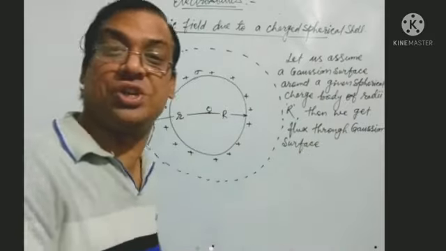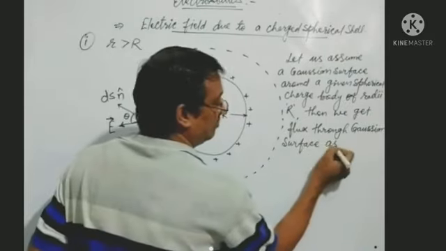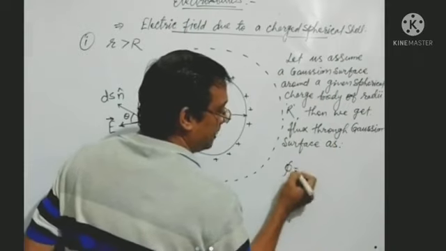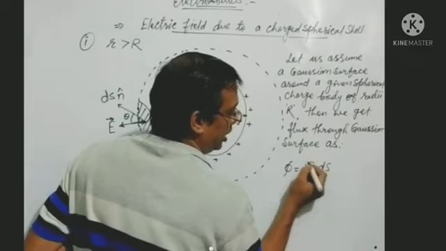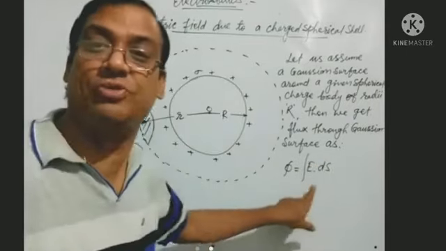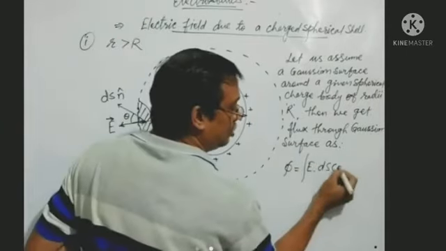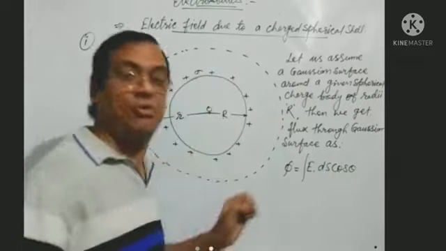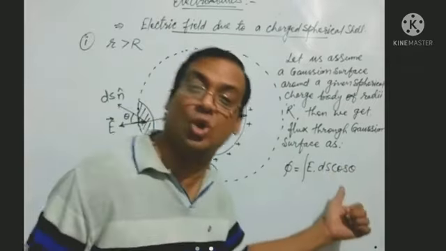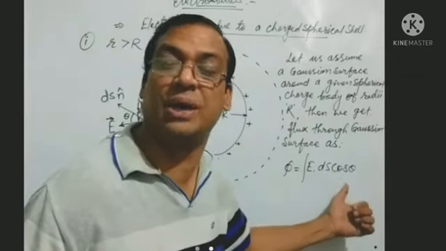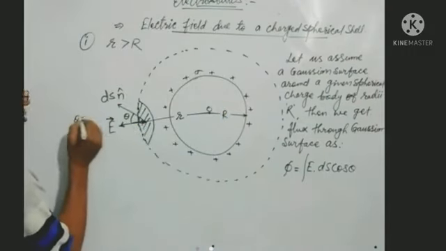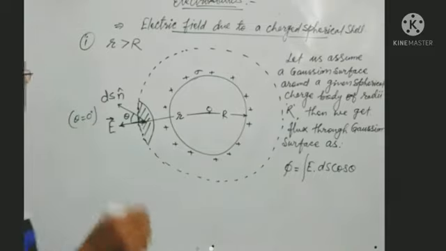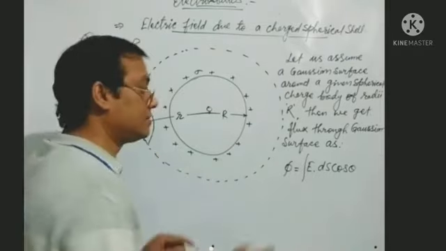Flux phi equal to E into ds cos theta, you know. But for maximum flux, we know that theta must be 0 degree.